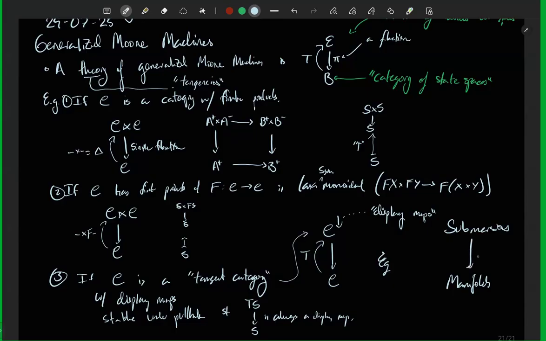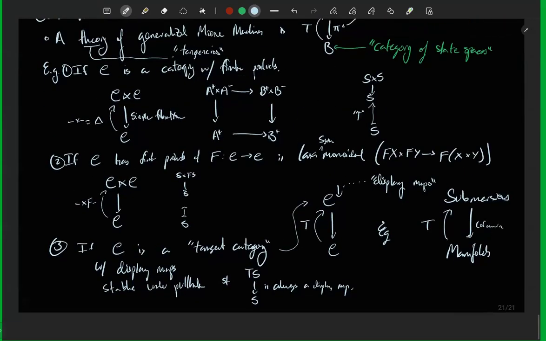We have here the codomain fibration, and here we have the tangent bundle functor. These examples of tangencies give rise to the following three examples of Moore machines.